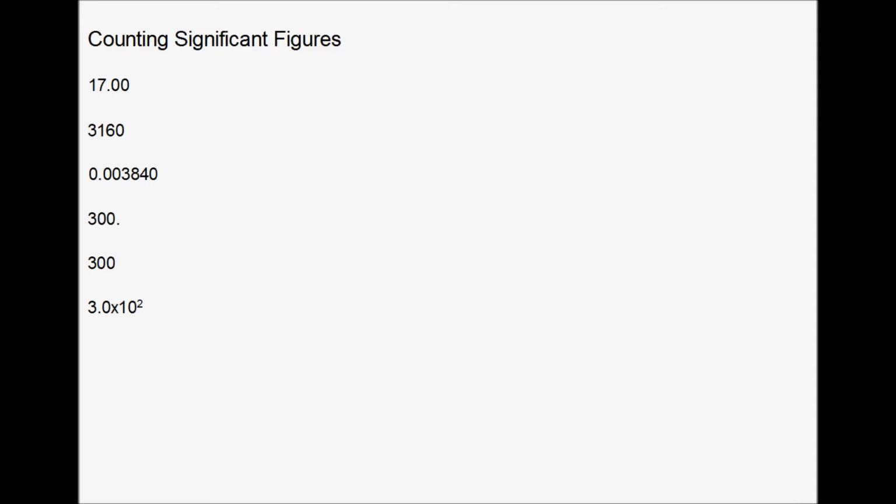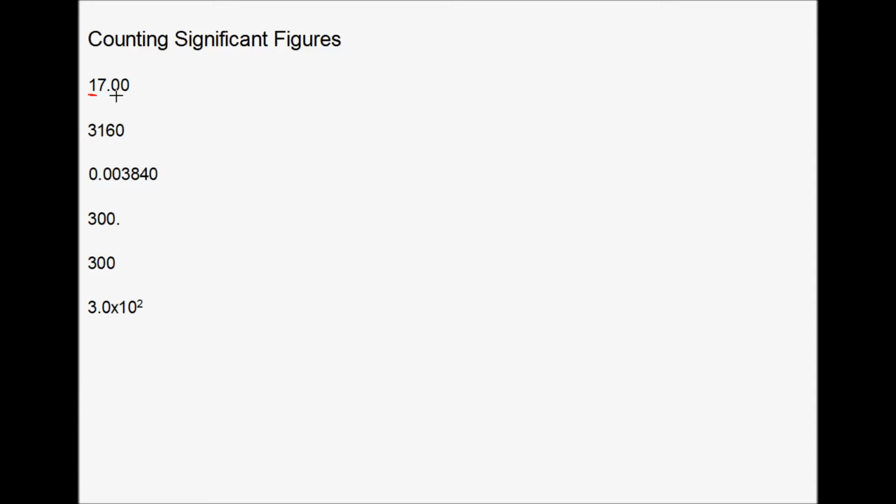To find the first digit in a number that's significant, we first take the number, let's say 17.00, and locate in it the leftmost non-zero digit, which in this case would be this 1. Then, to locate the last digit in a number that's significant, we first identify, does the number have a decimal point, which this one does.